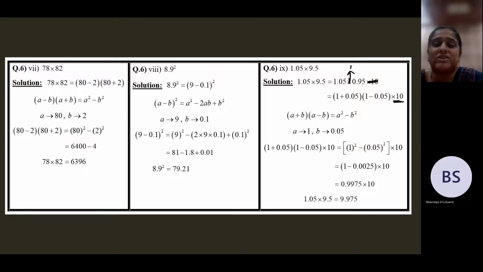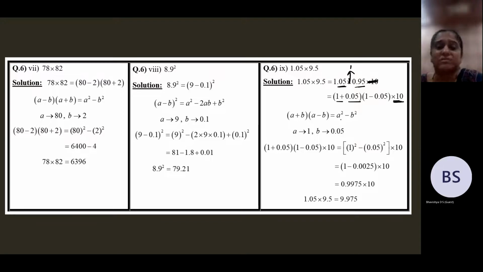So 1 is between these two numbers, and we try to write both the numbers using 1. So 1.05 can be written as 1 plus 0.05, and 0.95 can be written as 1 minus 0.05.